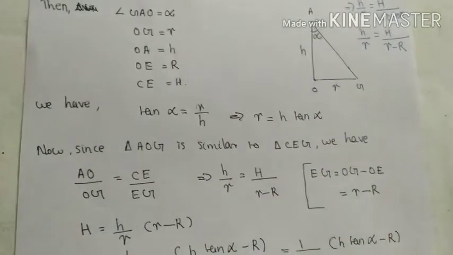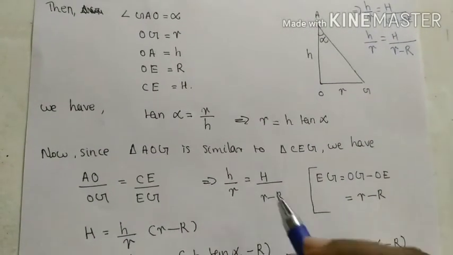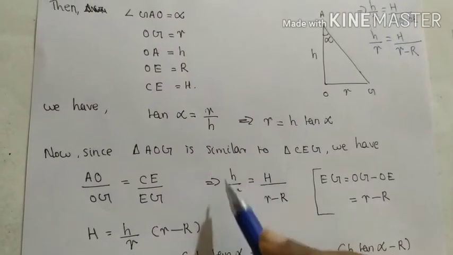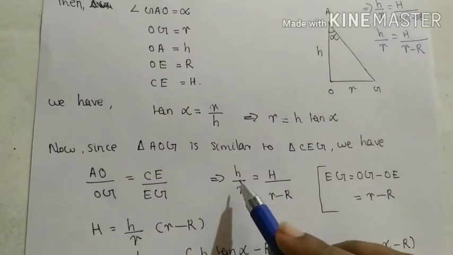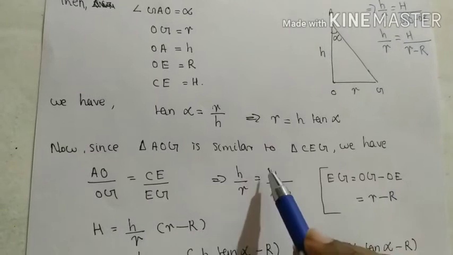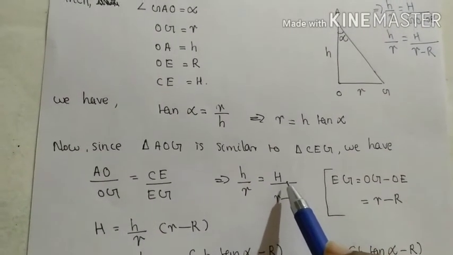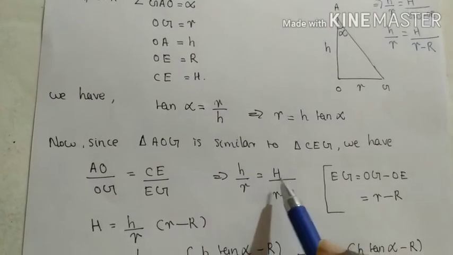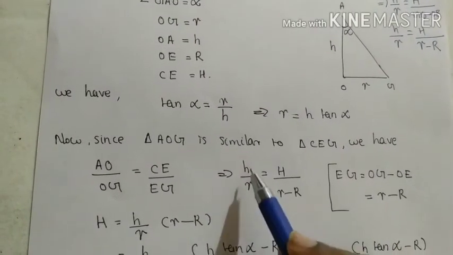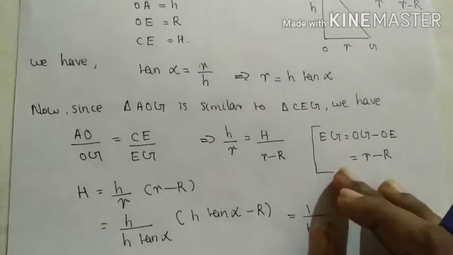So here we get our H from this equation. Capital letter H, the height of the cylinder, is equal to h by r into (r minus R).